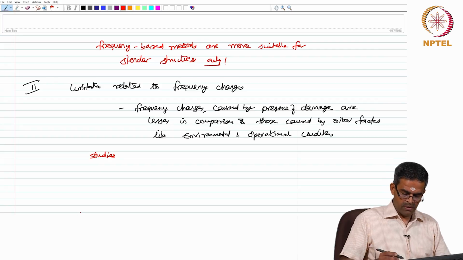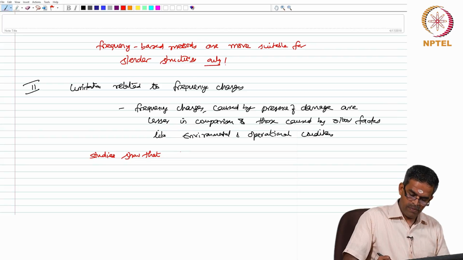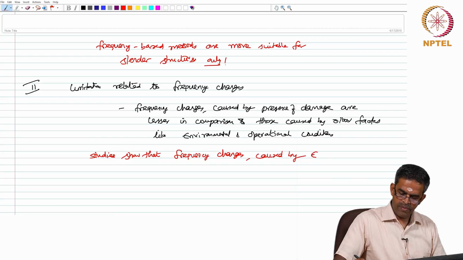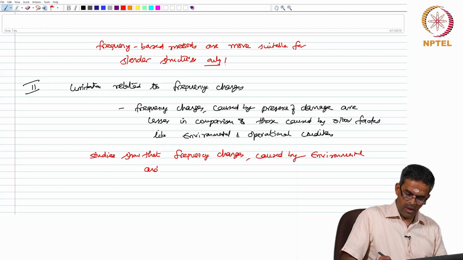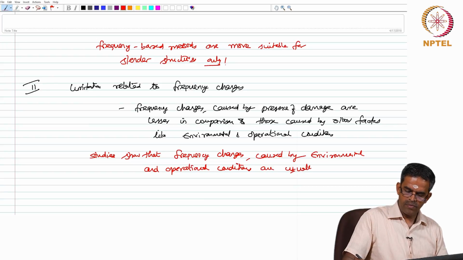You can see that studies show that frequency changes caused by environmental and operational conditions are usually in the range 5 to 10%.